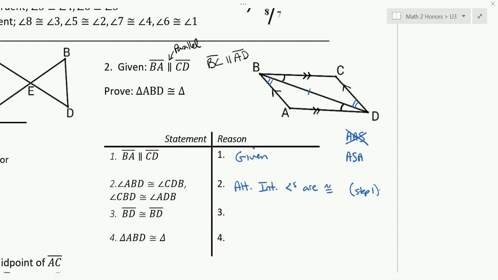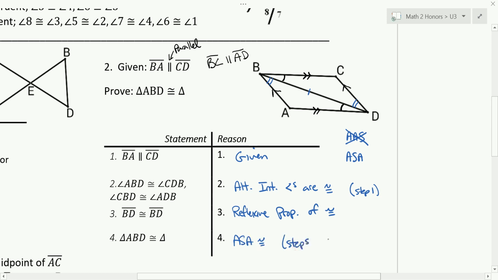Why is BD congruent to itself? Reflexive property of what? Of congruence. That's from proof tip number 1. And that does not rely on anything in our proof. That comes straight from our picture. And then we said the triangles are congruent by angle side angle congruence. And we see that in steps 2 and 3.